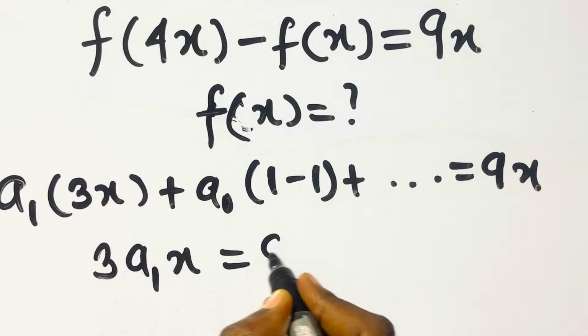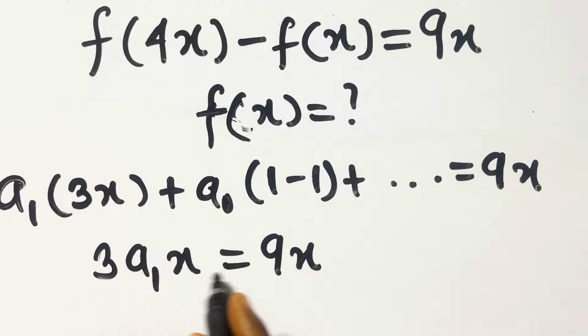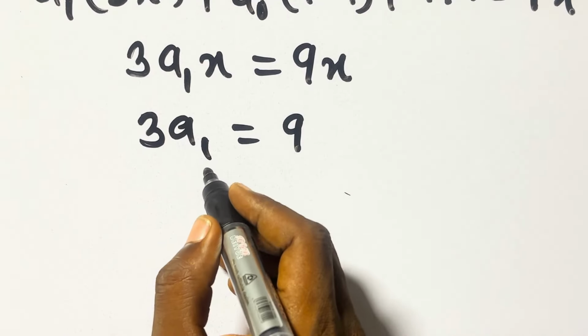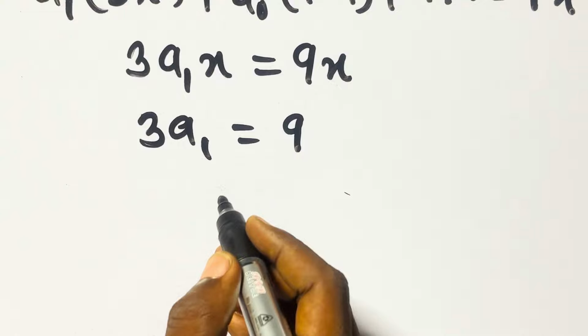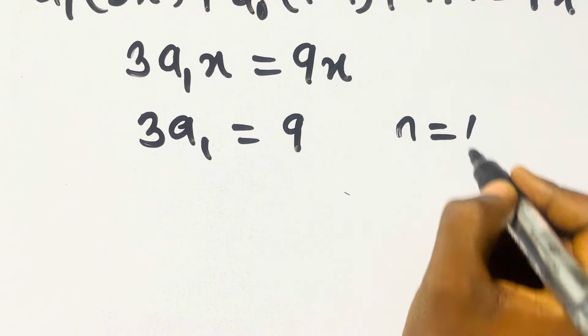If we do, we are going to have 3a_1 x equals 9x. We are considering the coefficient of x here, so 3a_1 equals 9. I've told you the reason we use a_1 is because we let n be 1.